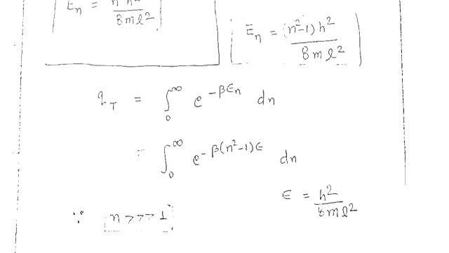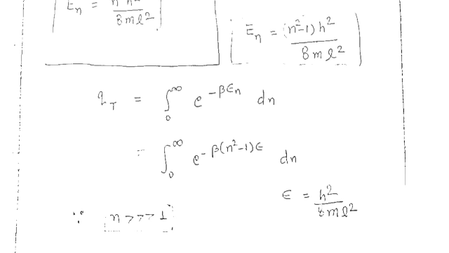If you remember, we had taken epsilon, sorry, my mistake, this is the energy, and this is the energy. For this system, this En will be n square minus 1 times h square upon 8 ml square.